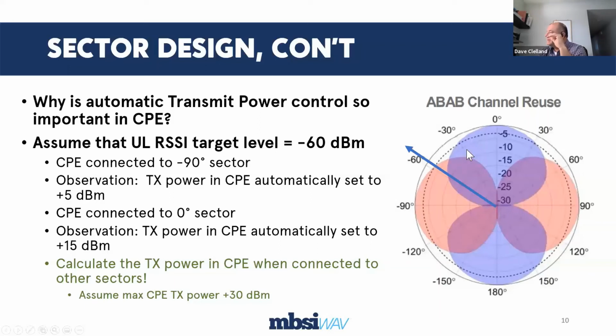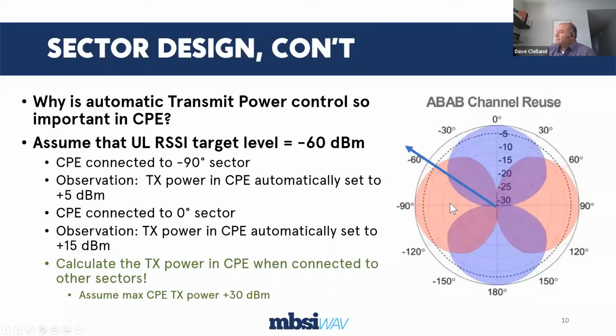But if I'm connected to the north sector, now that attenuation, instead of being 3, is 7 or 8, let's say 8 dB compared to the 3 dB here. So if I connect to the north sector from this CPE out here, the transmit power of this CPE will go up 5 dB compared to what I would see if I were connected to the best serving sector.